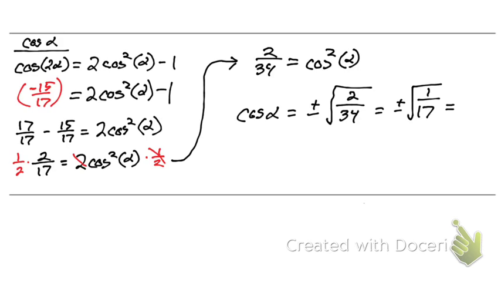I guess I'll go through all the steps because the class kind of struggled with it. That's plus or minus the square root of 1 over square root of 17. So our cosine alpha equals, multiply the top and bottom by square root of 17, you'll have square root of 17 over 17. Now I just have to decide if it's positive or negative.